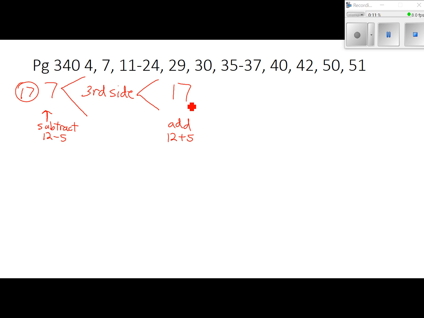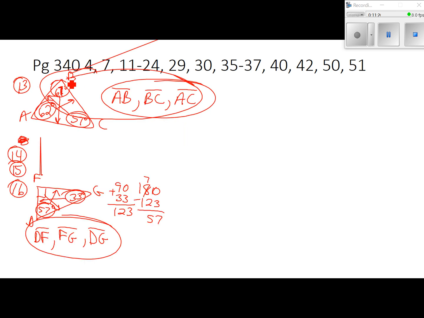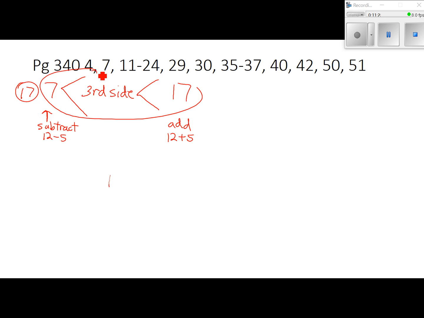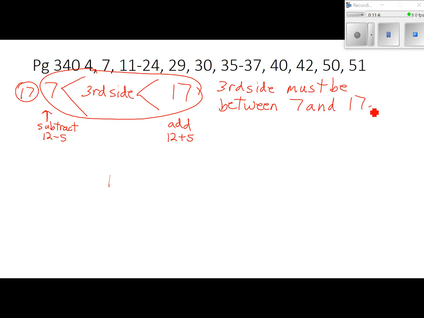If you don't like using the alligator mouth, you could write it out and say the third side must be between 7 and 17. It can't be 7, it can't be 17, it's got to be in between them, but that third side has to have a length between 7 and 17.